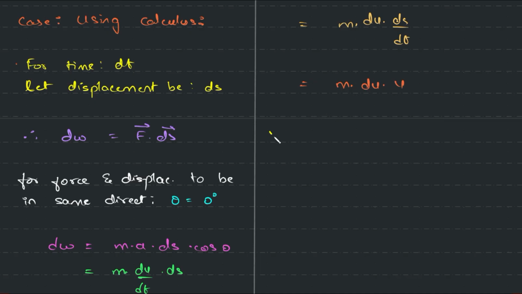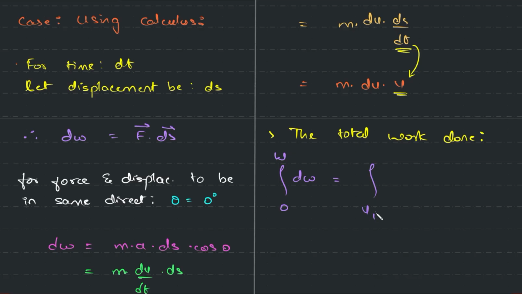Okay, now the total work, when we have this is your small work, right? This is your small work. So this is your small work. The total work, how do you find out total work? Integration, that's it. When we have done the work from 0 to W by changing the velocity from vi to vf, so mv dv, right?